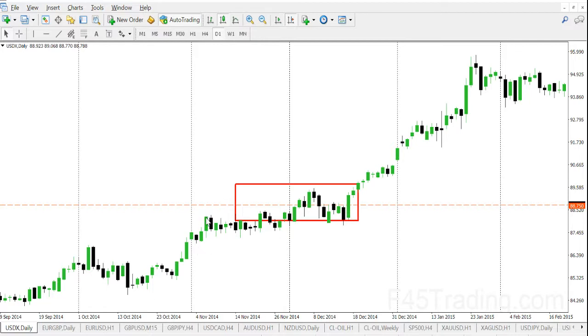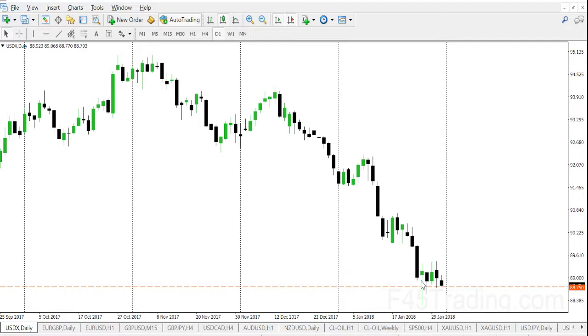Price came up, really consolidated, busted out, came back down, retested the consolidation area, started to modestly trade up, and then finally got the legs and powered through it. It took 10 days to clear this level at 88.75. So I'm not surprised to see what we're seeing back at this level again, where price has come 1, 2, 3, 4, 5 times now. It's the fifth time we're retesting the same level.